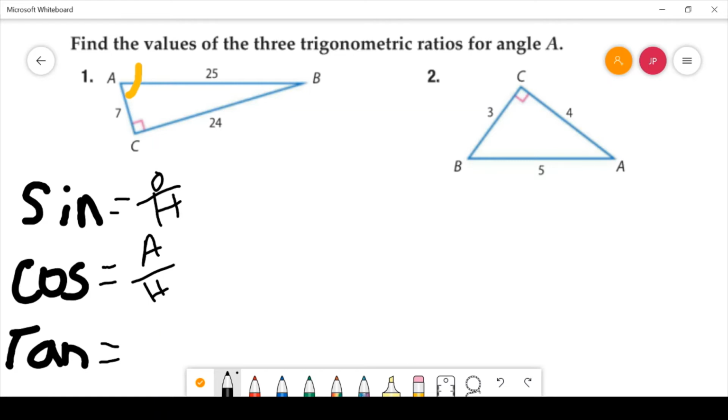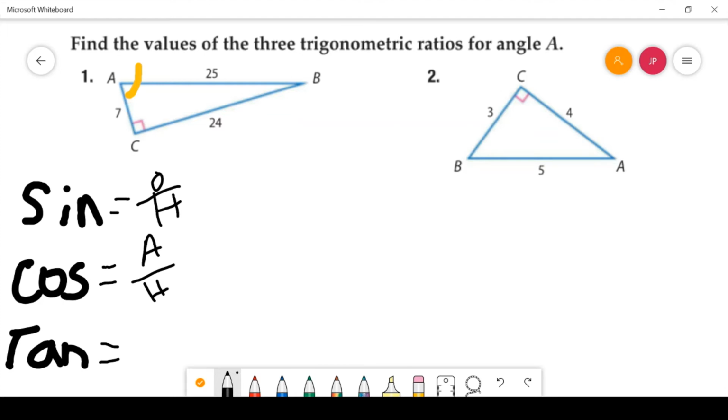And then this one, cosine, is adjacent over hypotenuse. Well, adjacent for A is 7, and hypotenuse is 25 again. And then this one's opposite over adjacent.